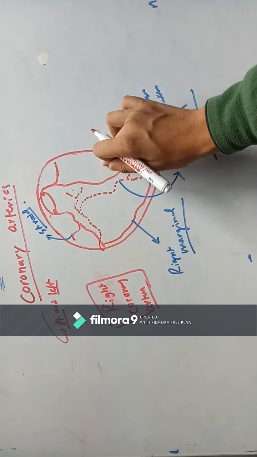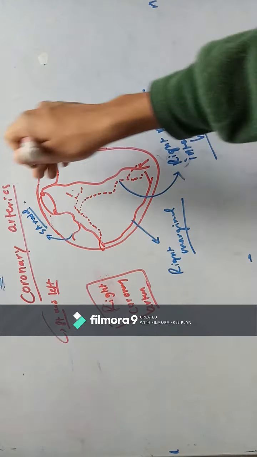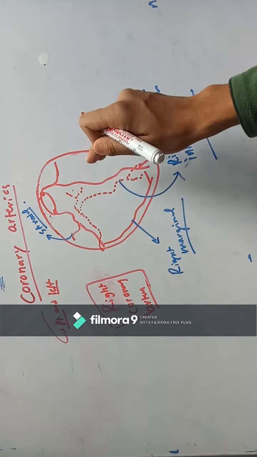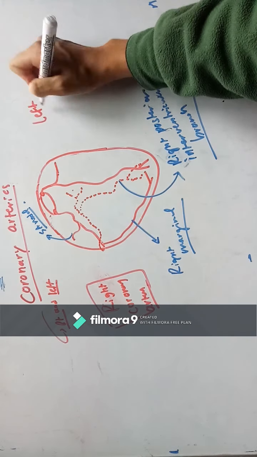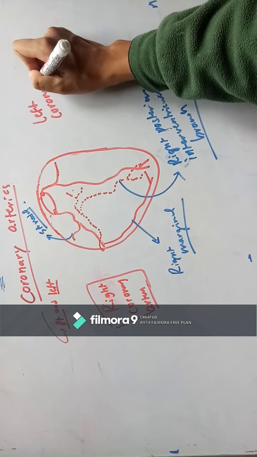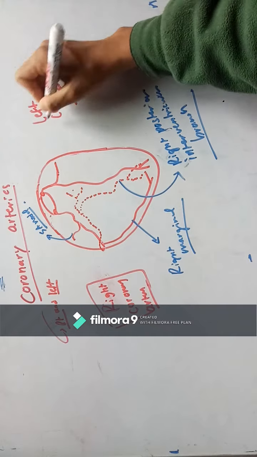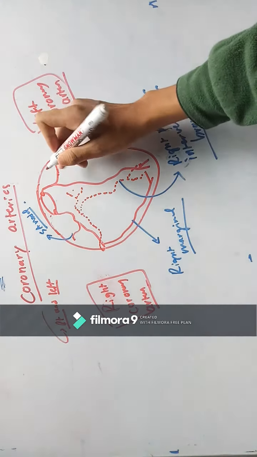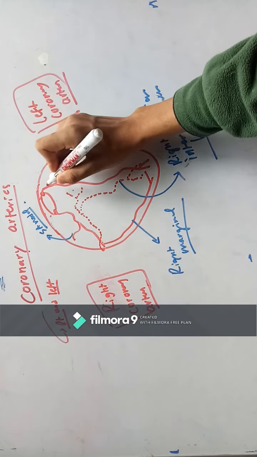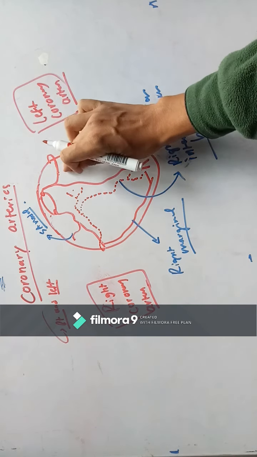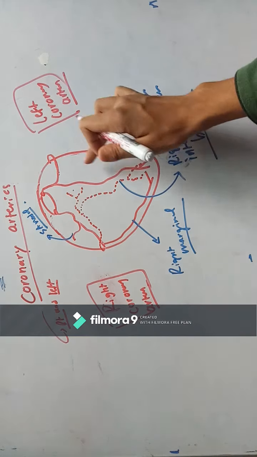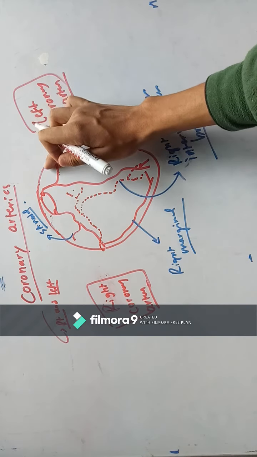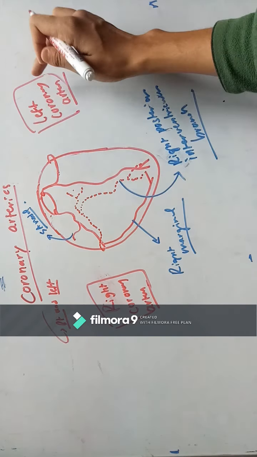So this is the anterior descending interventricular branch of the left coronary artery. After giving this branch, the remaining part is called the circumflex branch of the left coronary artery.